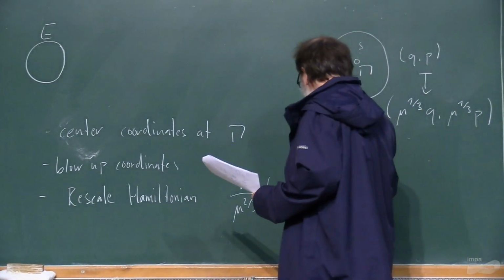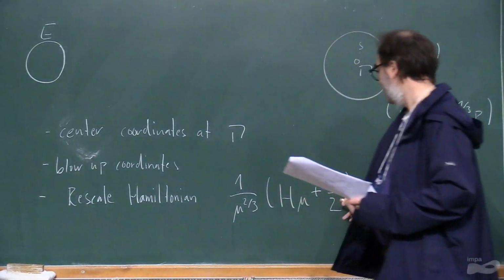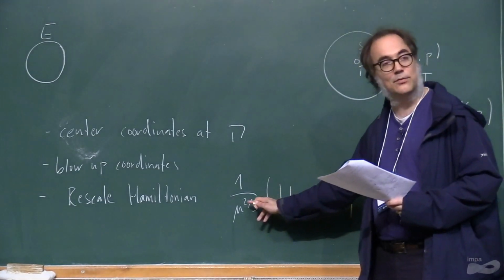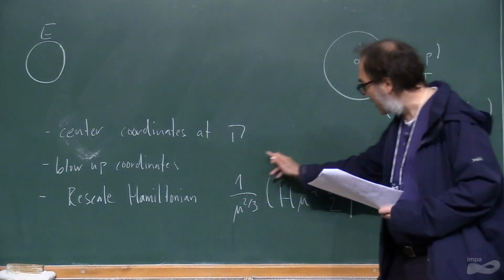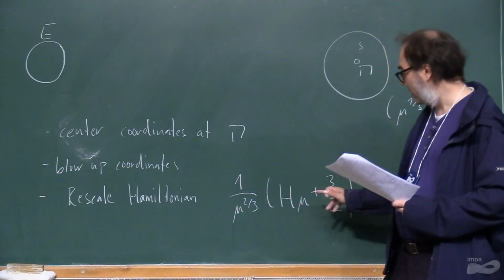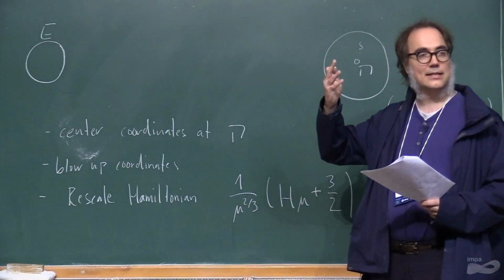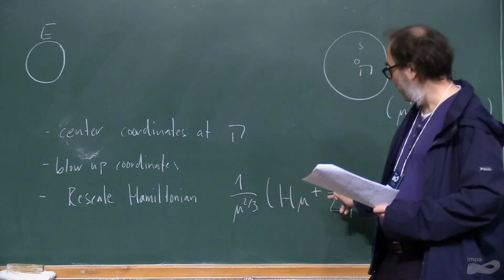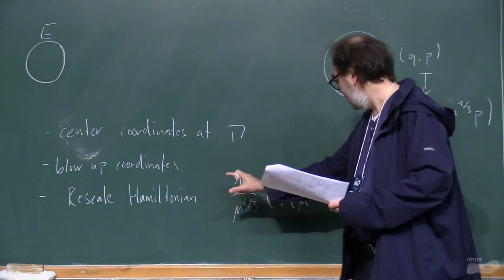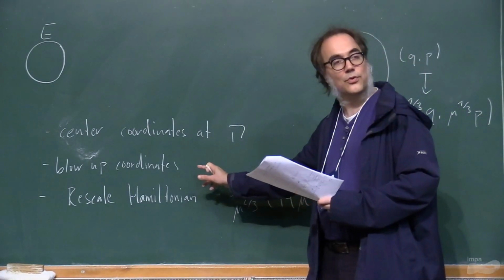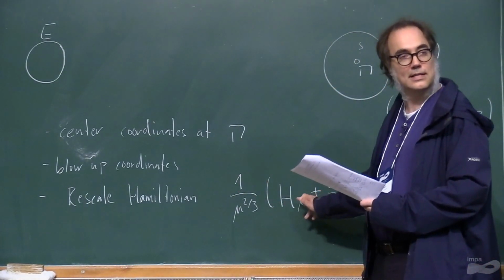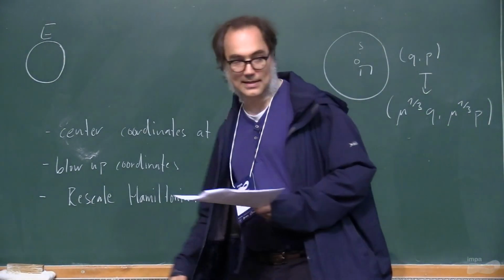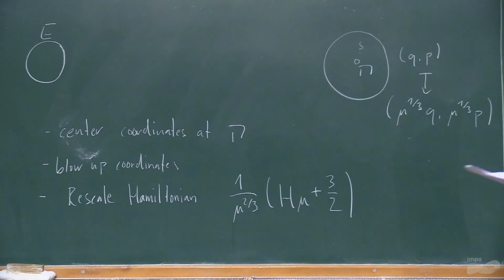So we add here 3 over 2. Of course, this does not really influence the Hamiltonian vector field, but it will influence the limit. So this is our new energy, which is different from the old one. If you want to go back, the new energy times mu to the 2/3 minus 3 over 2 corresponds to the old one. But what does not change under this transformation is the Hamiltonian vector field.